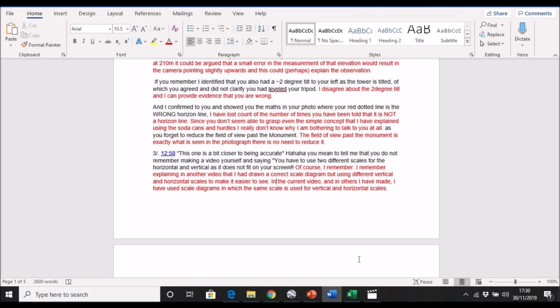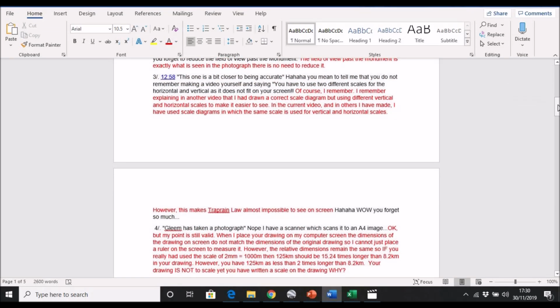That's it. There's no need to reduce anything. We are asking the question, can this picture be taken on a flat Earth? And as I've demonstrated, it most definitely cannot be taken on a flat Earth. So Earth isn't flat. Gleem's point number 3.